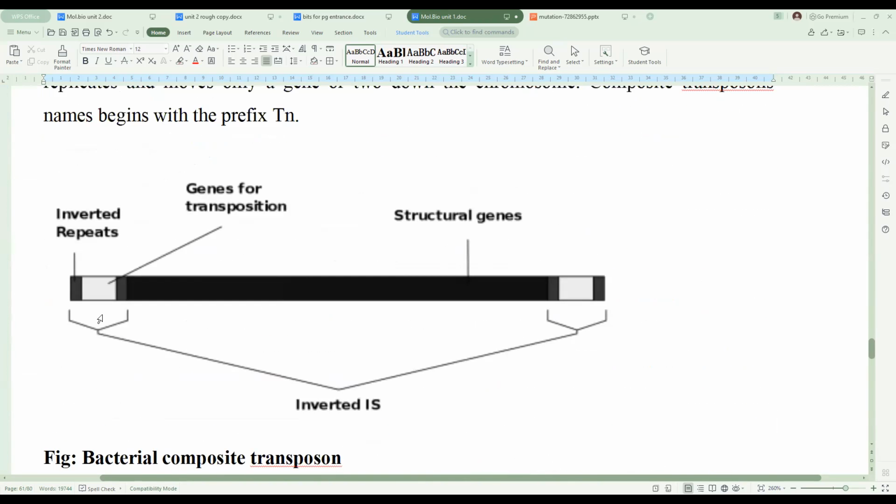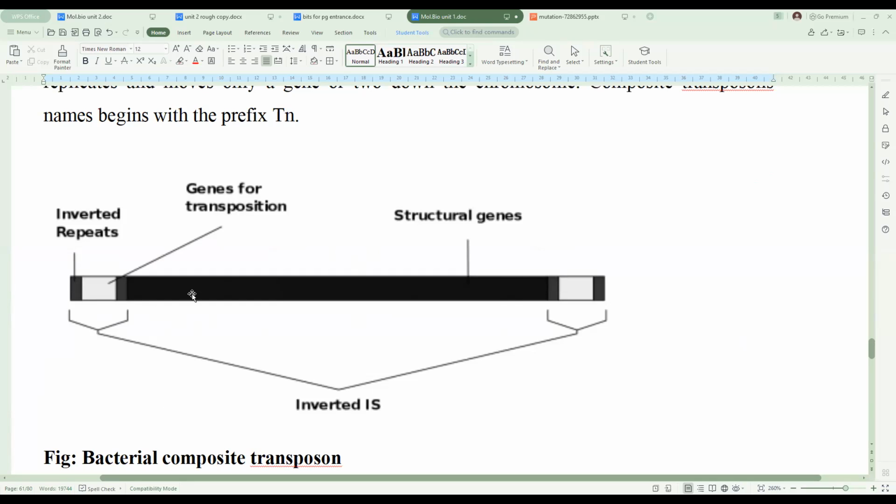So these inverted repeats are there in this composite transposon, and between these inverted repeats there are genes. A composite transposon will have insertion sequences on either side. Just now we have seen a simple transposon.